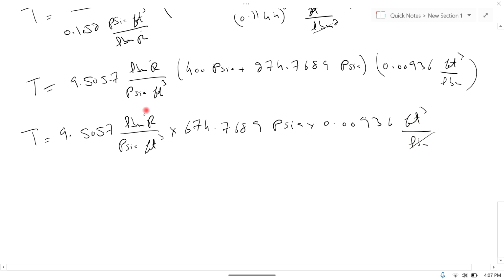So pound mass will be cancelled with pound mass, cubic feet will be cancelled with cubic feet, psia will be cancelled with psia. So final unit is degree R.